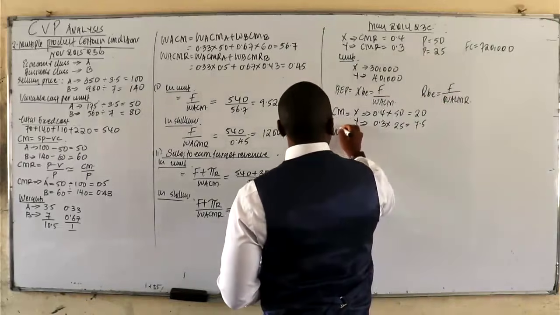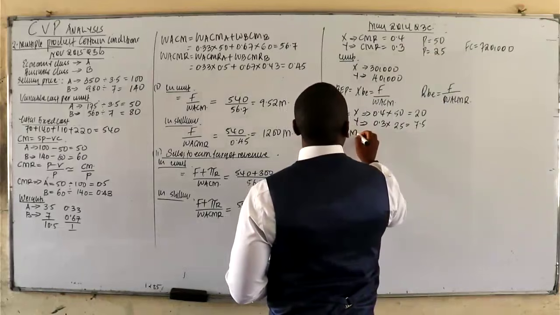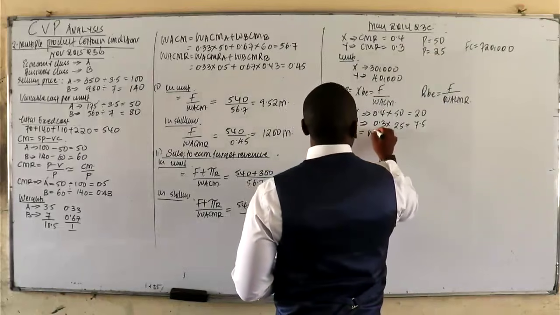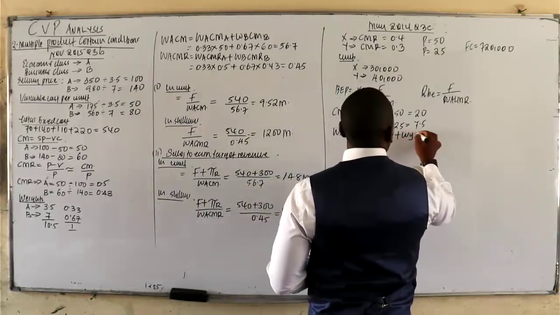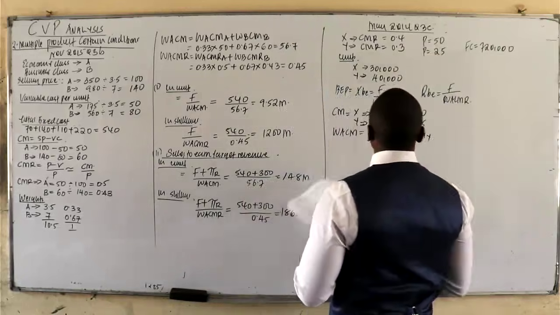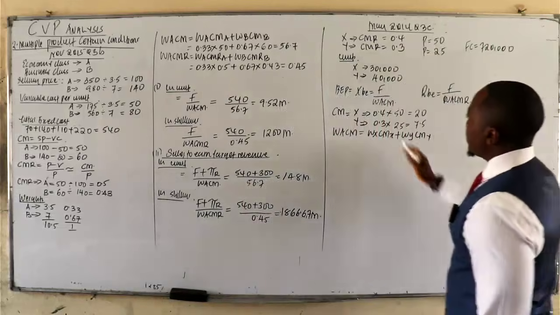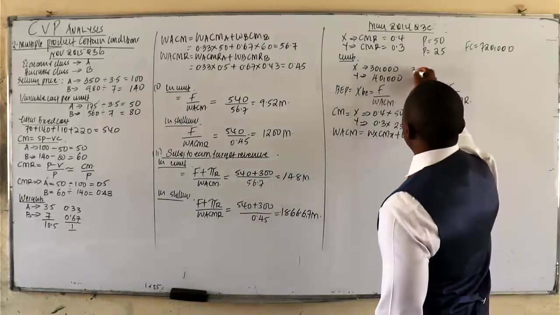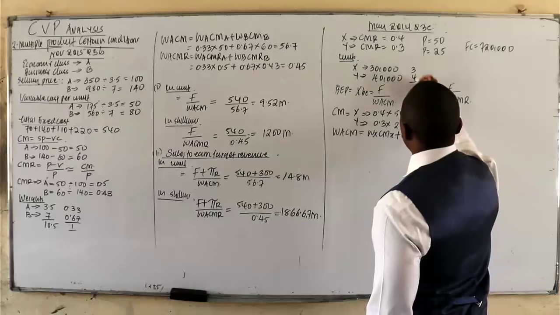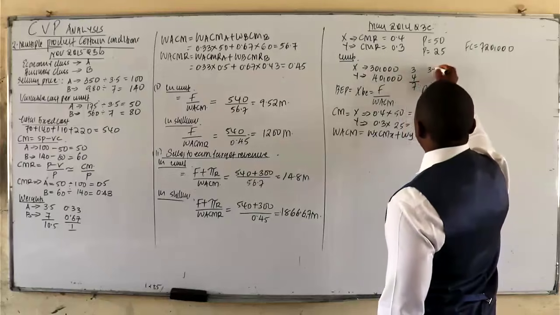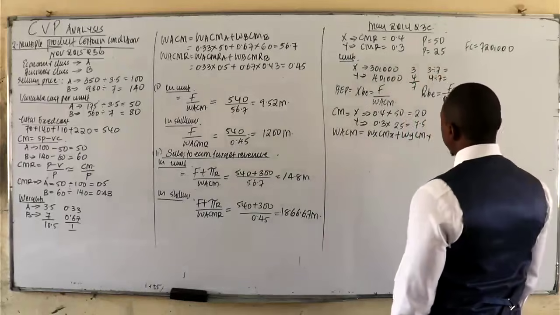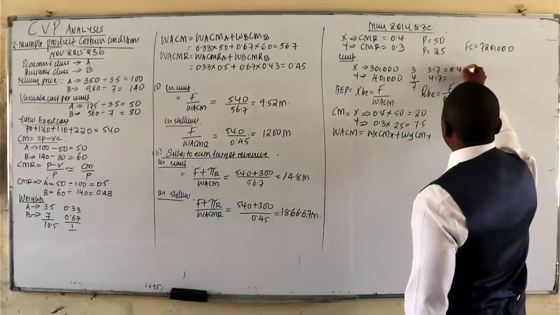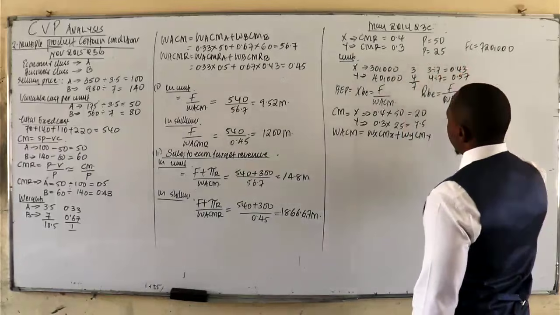So we get weighted average contribution margin. You take weight of X, contribution margin of X, weight of Y, contribution margin of Y. And how do we get the weights? These are the weights. 3, this is 4. You get 7. 3/7, 4/7. 0.43, and this is 0.57.